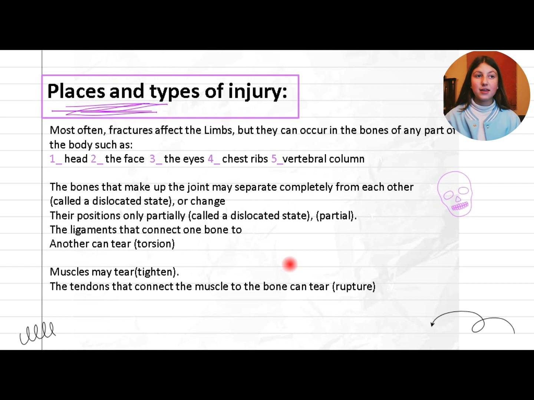The bones that make up the joint may separate completely from each other, called a dislocated state, or change their position only partially, called a partial dislocated state. The ligaments that connect one bone to another can tear, torsion. Muscles may tighten. The tendons that connect the muscle to the bone can tear, rupture.